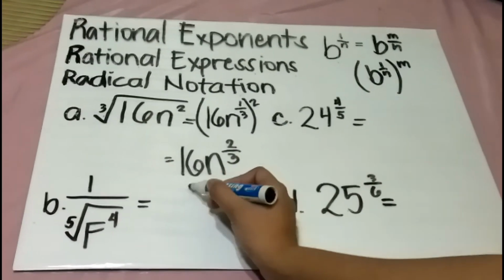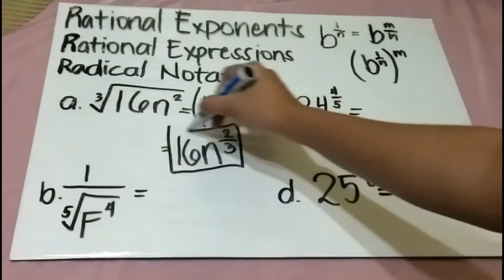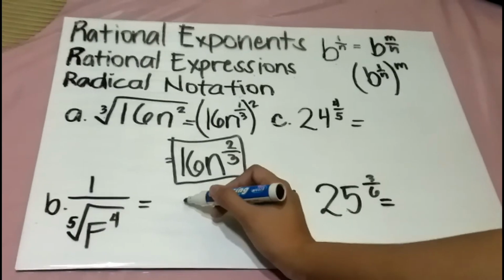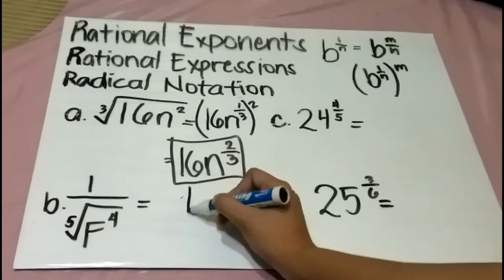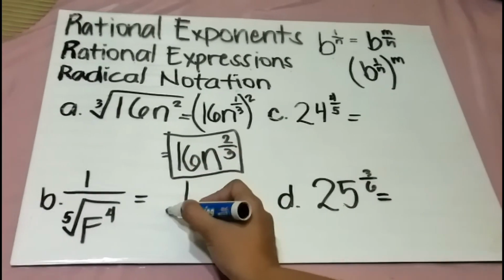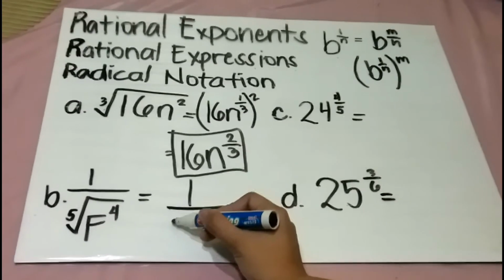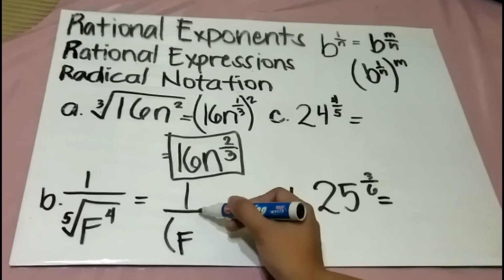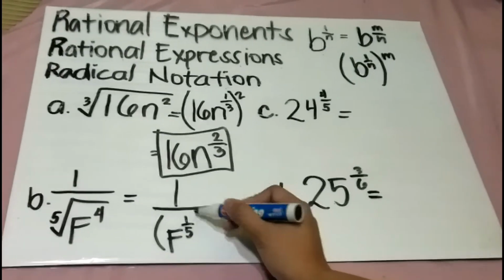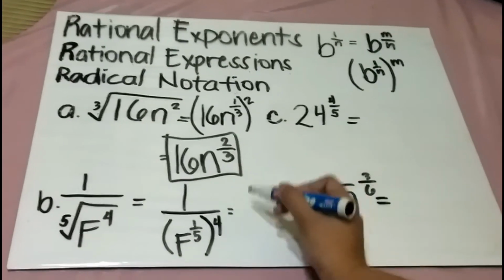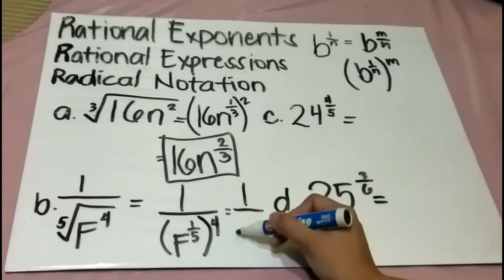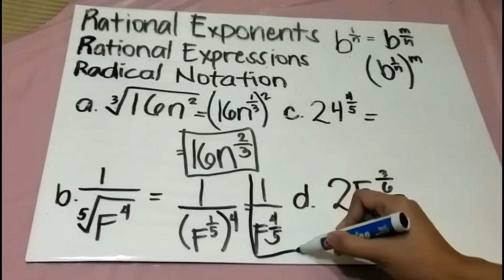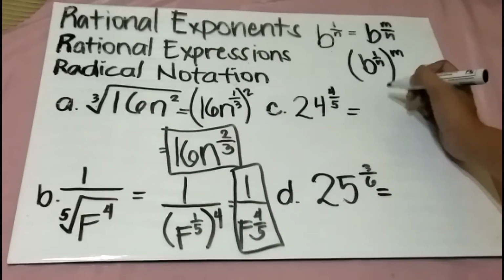The next one will be 1 over the fifth root of f to the fourth, where we should put 1 over f raised to 1 over 5, raised to 4, where we multiply 4 times 1 over 5, and it will be equal to 1 over f raised to 4 over 5.